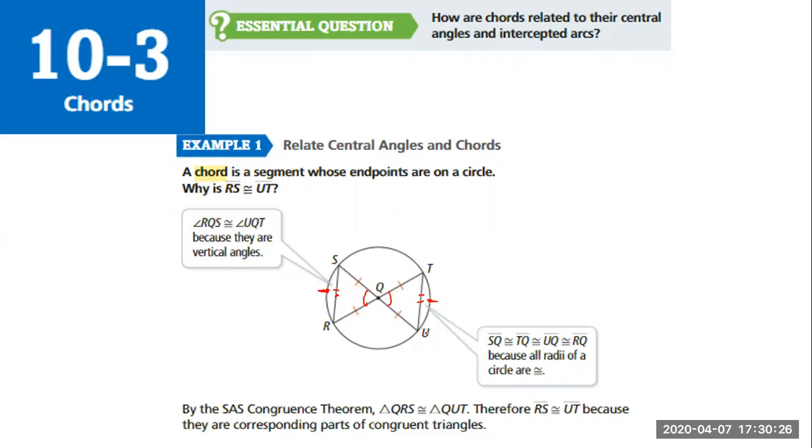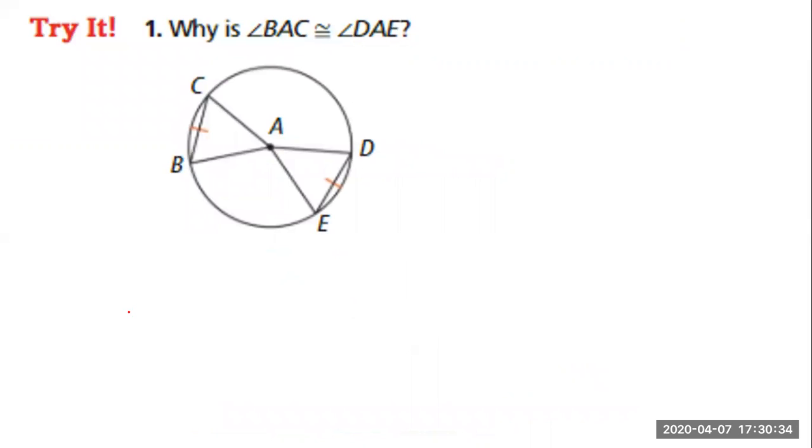Now, there are a lot of theorems in this section, so I'm going to try to go through them as quickly as possible, but make sure I don't miss any of them. So now, on this one, try it. Why is angle BAC congruent to angle DAE? So we have the two angles in the middle.